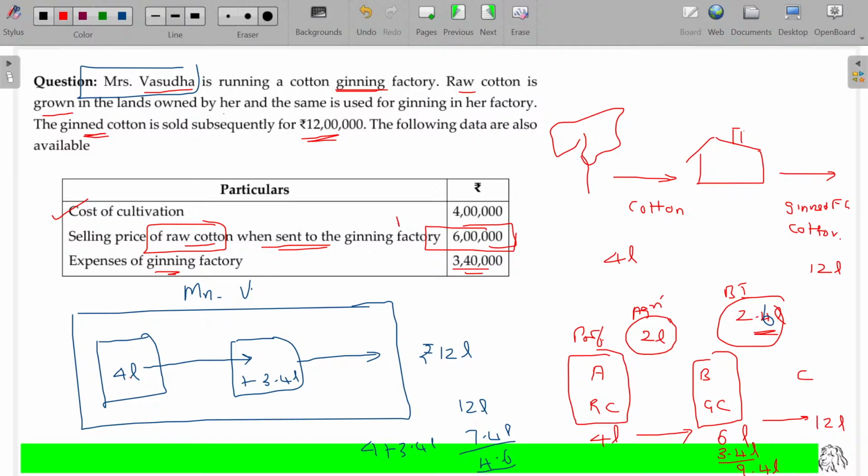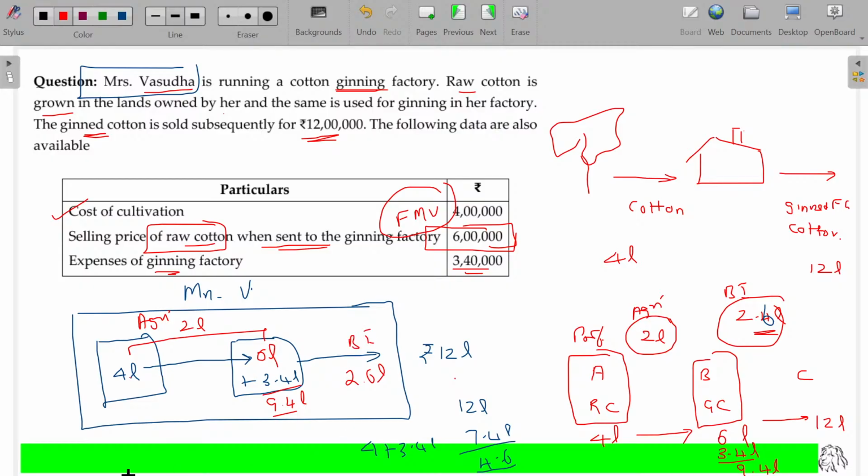That fair market value is most important. That fair market value will be substituted here. By substituting, the difference between 4 and 6 is considered as agri income, and adding the overall cost and sold for 12 lakhs, the difference of 2.6 lakhs is considered as business income.